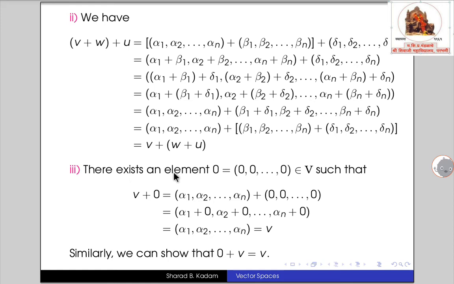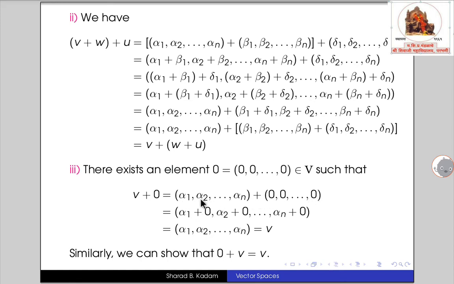There exists an element 0, whose every component is 0, belongs to the set V such that V + 0 equals (α1, α2, ..., αn) + (0, 0, ..., 0), where the nth component is 0.